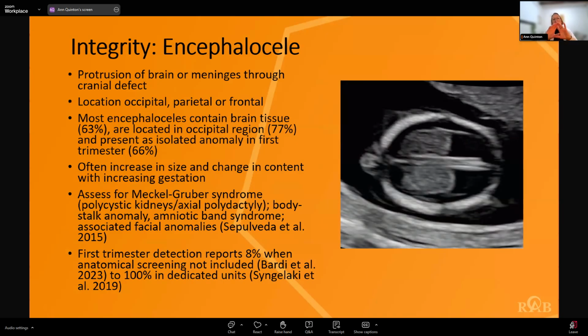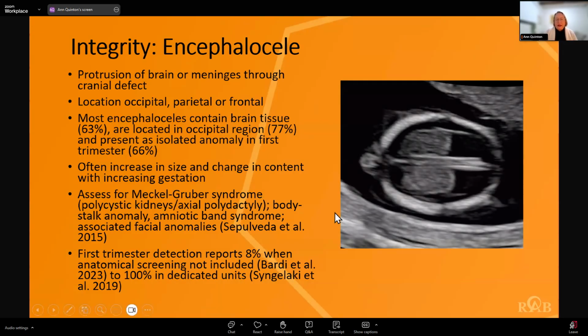The other issue with integrity is, as I said, looking for an encephalocele. So an encephalocele is a protrusion of the brain or the meninges through a cranial defect. So that cranial defect is normally in the area of where you'd see the fontanelle or where you'd see a suture.